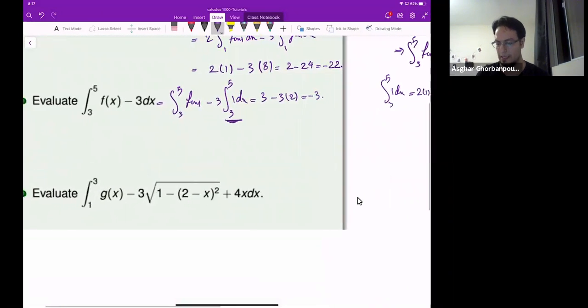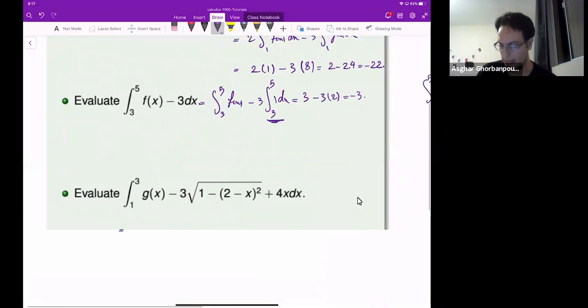Okay. The last example here, I have integral. I separate first each one.